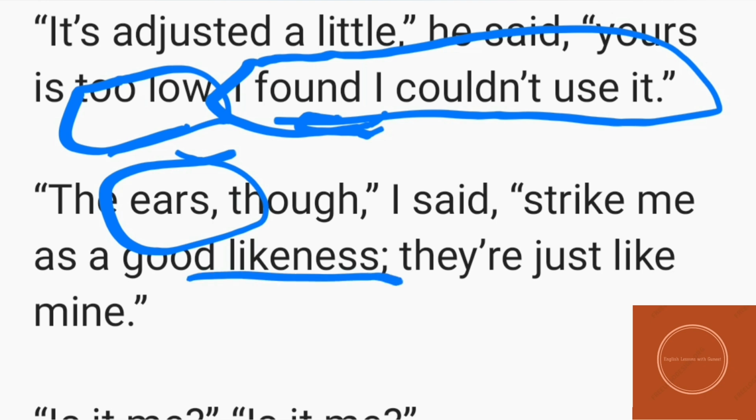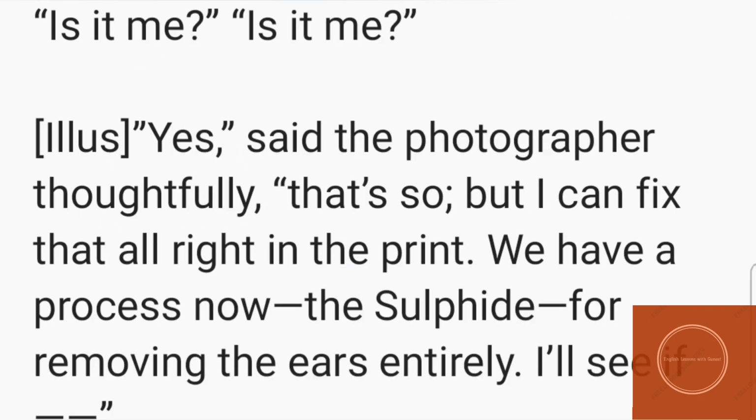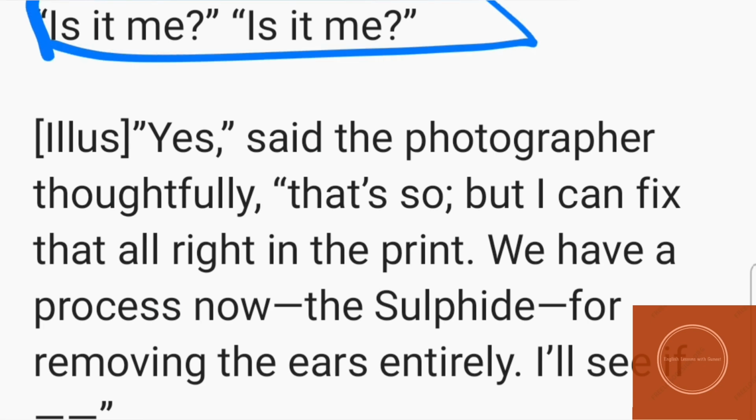Why do they seem good to him? Because they were of his real self, or of the real body that he had. "Then is it me? Is it me?" Again, he was just confirming, because the things did not look like him. Why did the things not look like him? The basic reason was because of the adjustments that the photographer had made in the photograph.